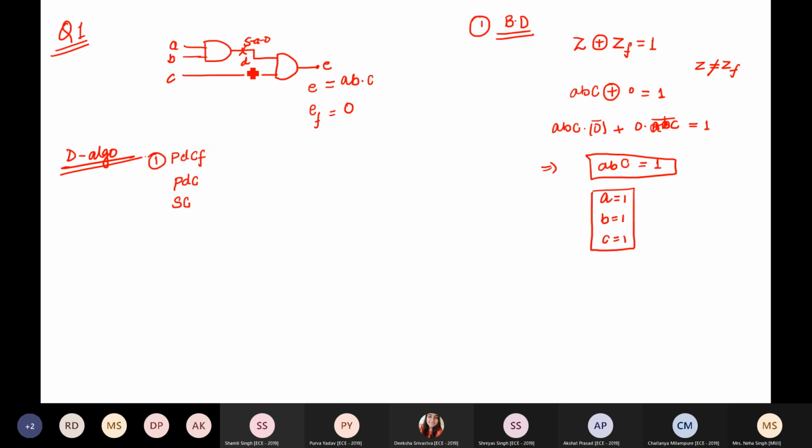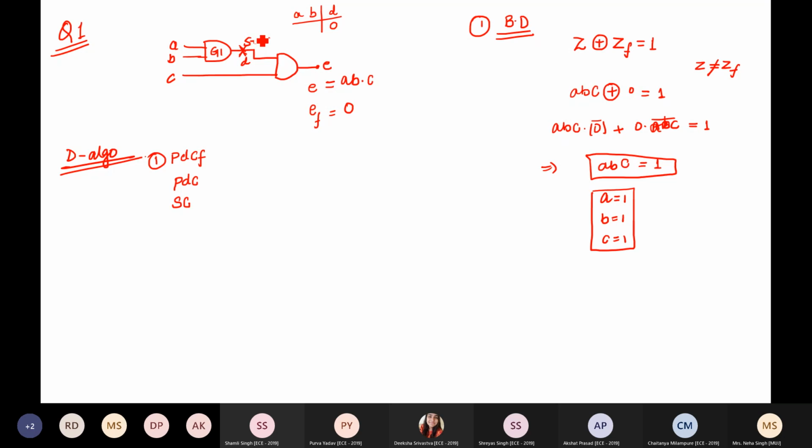For example, here primitive D cube will be obtained for the gate G1 because the output is seen to be faulty at D. Hence, I find the PDCF for logic gate G1, which simply means what should be the value of the input AB so that the output D is always stuck at 0.